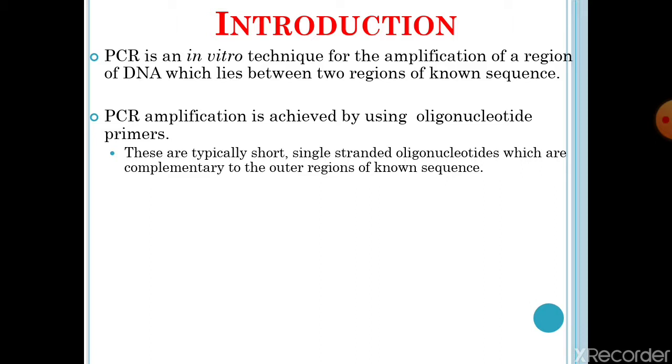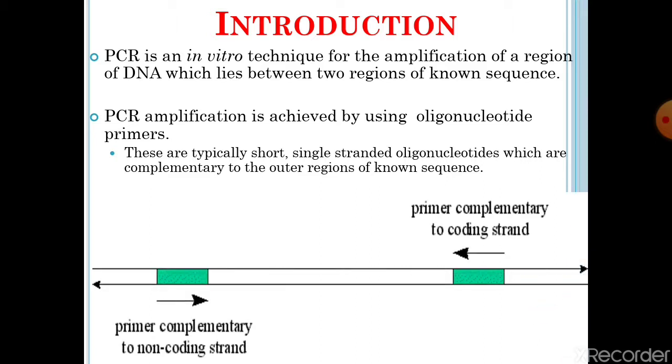The primers are basically short, single stranded oligonucleotides which are complementary to the outer regions of the known sequence. So now you can see, there will be two primers required. One primer will be complementary to the coding strand and another will be for the non-coding strand.